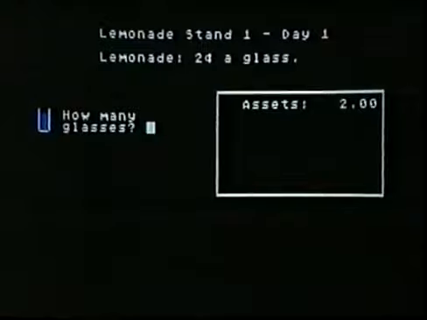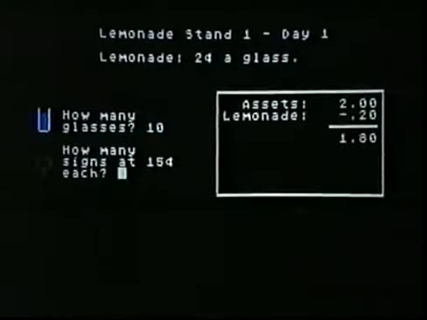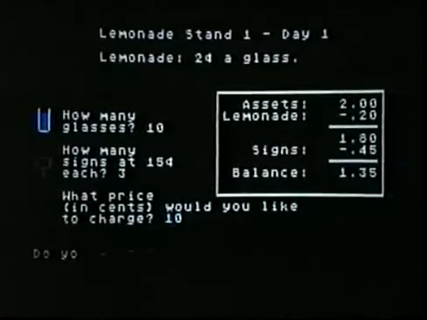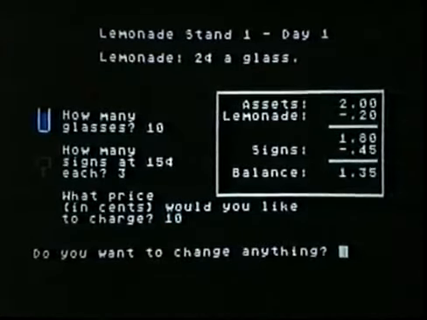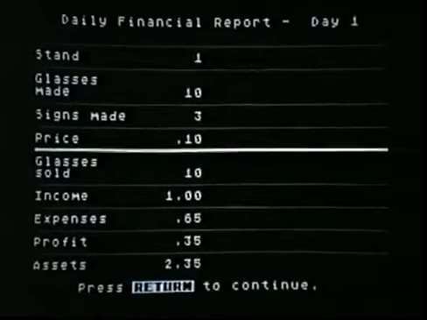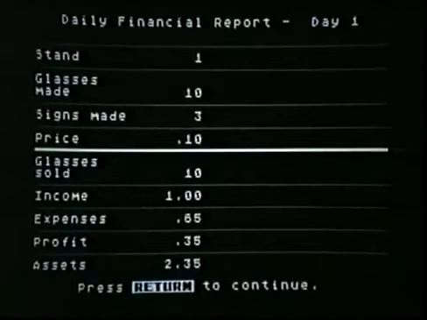Now, how many glasses? Well, we'll start conservatively with 10 glasses. How many signs? I think 3. We should let folks know we're in business. What price would you like to charge? I think 10 cents is reasonable. Do you want to change anything? No, I don't believe so. So I made 10 glasses. I sold 10 glasses. Terrific. I made a profit of 35 cents.